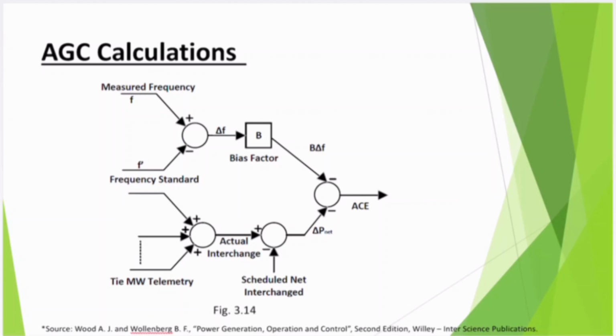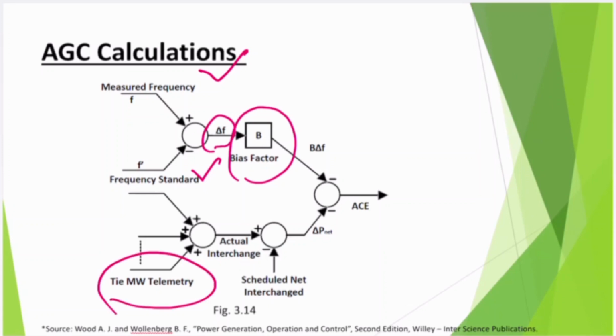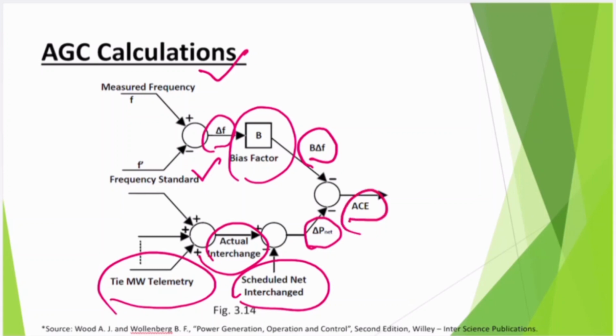This is my measured frequency, and this is the standard frequency that I want to have. There is a change in frequency, delta f, which leads to the bias factor, and through a telemetry mechanism you can obtain the tie line flow, which gives the actual interchange and the scheduled interchange, and that helps me understand delta P. Based on B delta f and delta P net, you can calculate ACE, which I have already discussed in my previous slides.